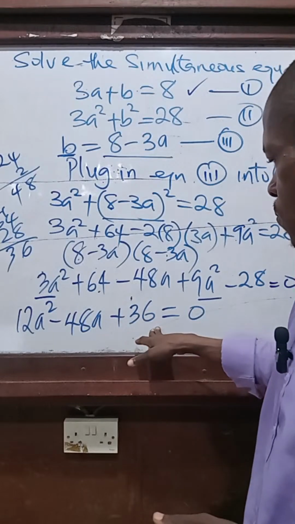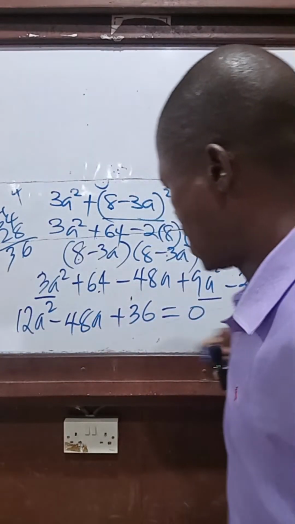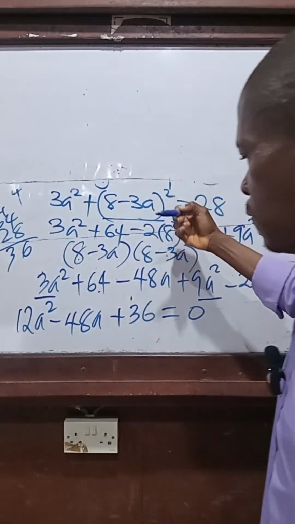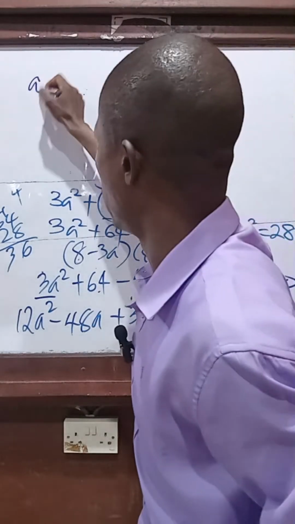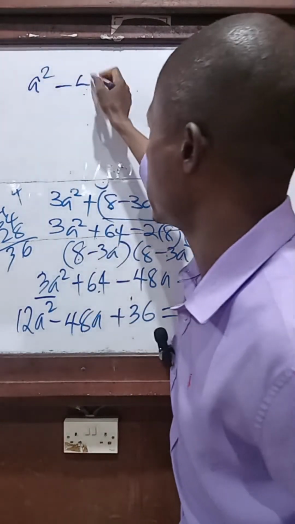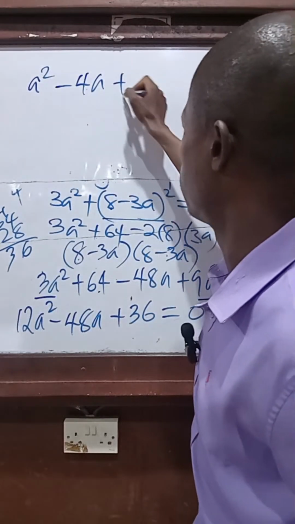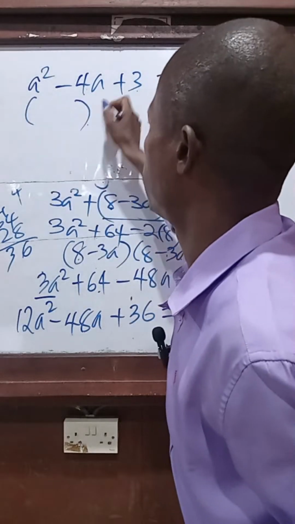So what we can do now, this way we can reduce the number by dividing each one by 12. This one over 12, over 12, over 12. That will be a squared, minus this will give us 4a, and then plus 3 equal to 0. Then you can do the factoring.